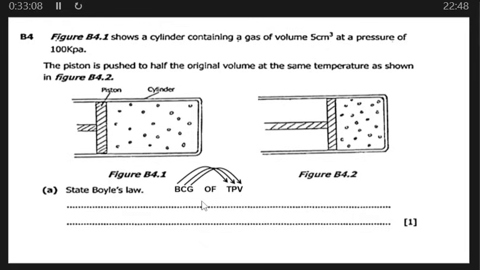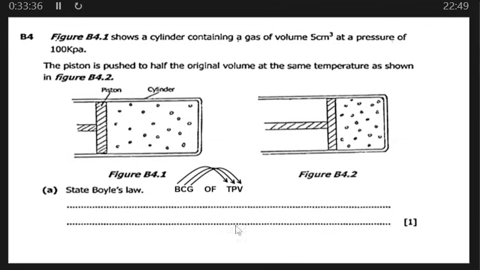It states that for a fixed mass of a gas at constant volume, temperature is directly proportional to pressure. When you increase the temperature of the molecules, the pressure also increases. When you decrease the temperature, the pressure also decreases.